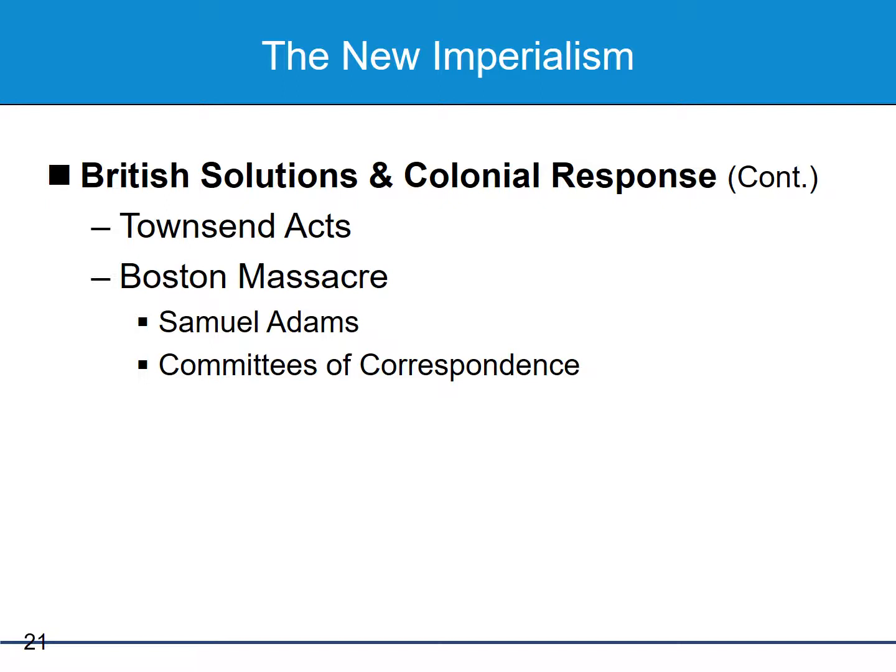The Committees of Correspondence showed the colonies that what was happening in their colony wasn't an isolated incident, that the British were doing similar things in other colonies. And so this is really the beginnings of the revolutionary movement. And Samuel Adams played a very large role in the beginnings of that movement.